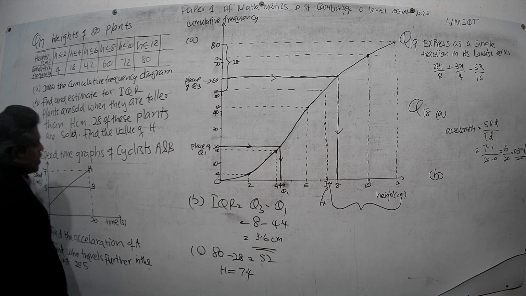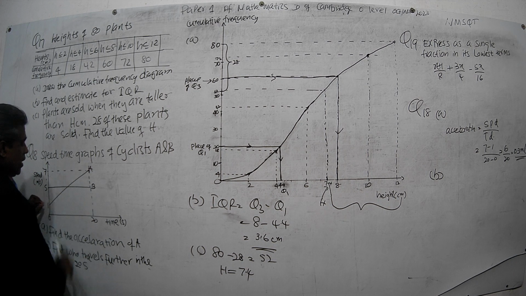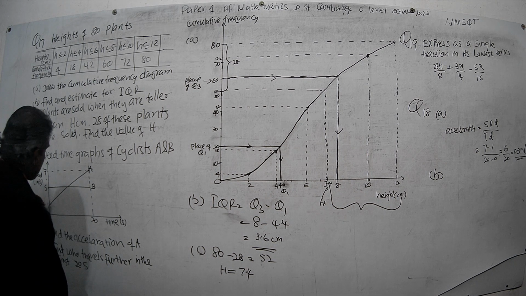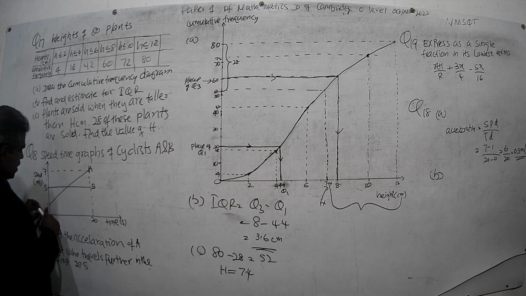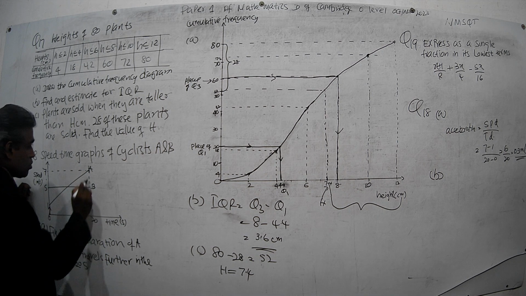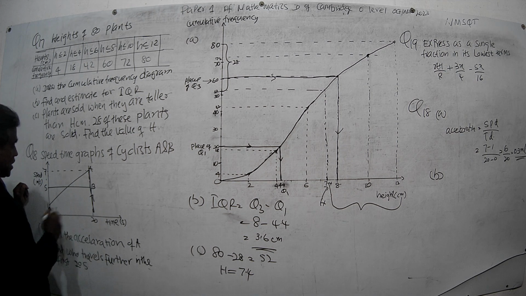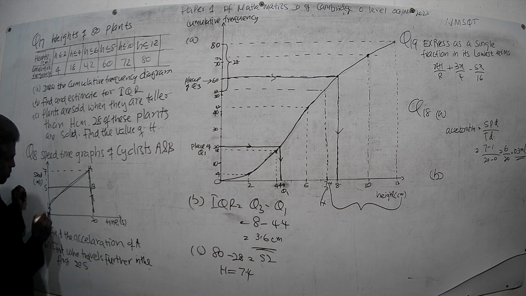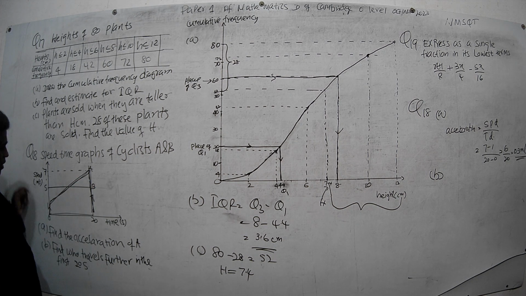If you want to find the distance traveled within the first 20 seconds by A, you have to find the area under A's speed time graph, this area. This is a trapezium. These are the two parallel sides. You have to find the area of this trapezium.